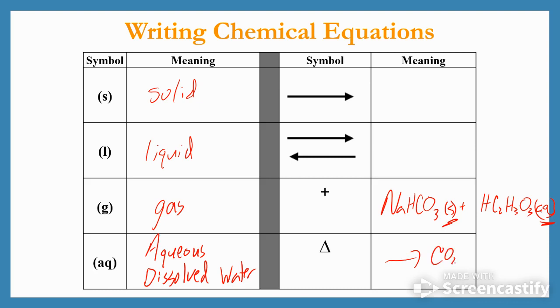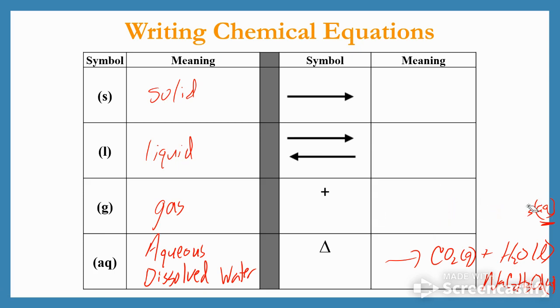This will release a gas when they're combined, so you would have the CO2 gas. It releases water, which is a liquid, so you'd have the L to let everyone know that was a liquid. And then you would have sodium acetate as well, which is also aqueous. So you would have all of those things to show what state of matter everything was in.